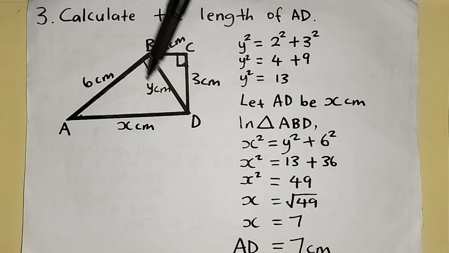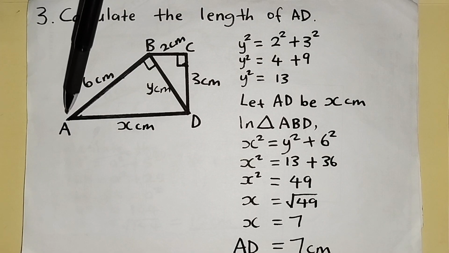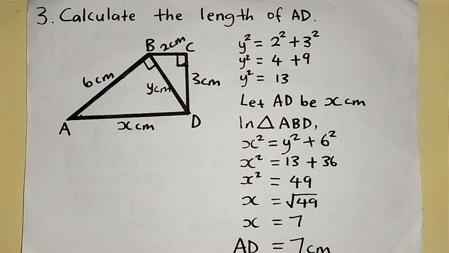This one is y centimeters and this one which you want to find is x centimeters. We only know one length, 6 centimeters, on triangle ABD. There's no way you can use Pythagoras theorem knowing only one side on a right angle triangle. We must know the length of any two sides for us to find the length of the third side.